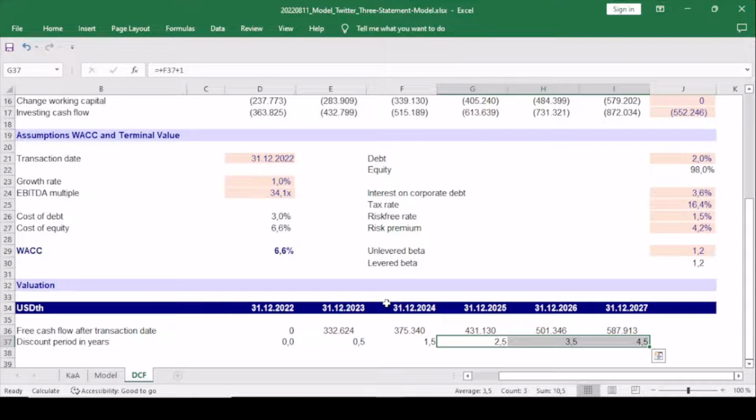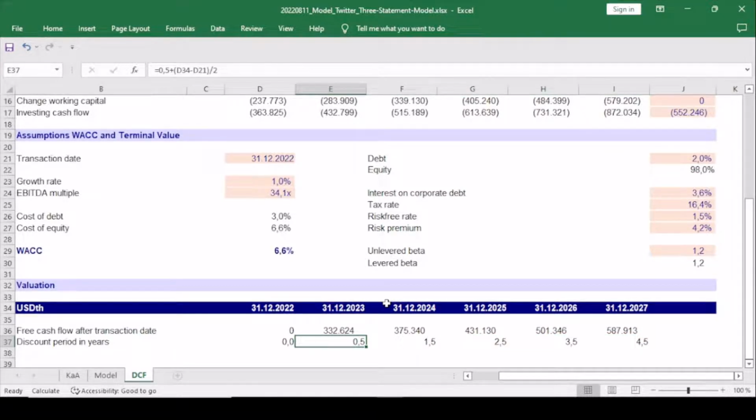What does that mean? As Twitter or any other company generates cash flow throughout the year, end of year discounting would assume that all cash flows are generated on the last day of the year. For example, if you would assume that 99% of cash flows are generated on January 1st and only 1% on December 31st, end of year discounting would mean that you discount 99% of cash flows by almost 1 year too much.